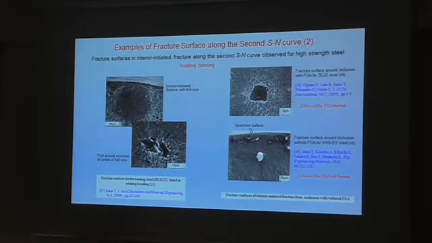However, in this case, we can observe a very clear inclusion here at the core portion of the fissure, but we cannot observe any FGA, fine granular area. What is the difference? If the delta K value at the edge of the inclusion is less than the delta K threshold, the FGA can be formed, as shown here. However, if that value is larger than the delta K threshold, such an FGA cannot be formed.